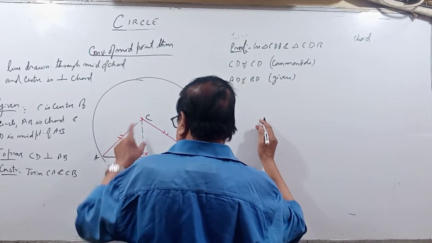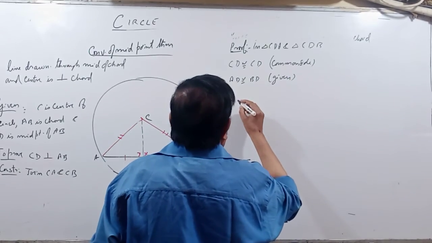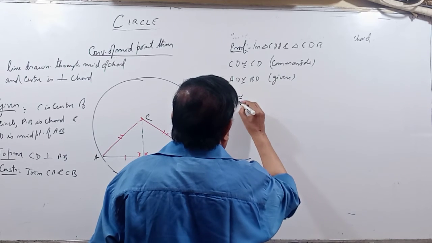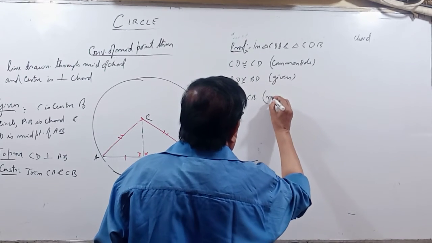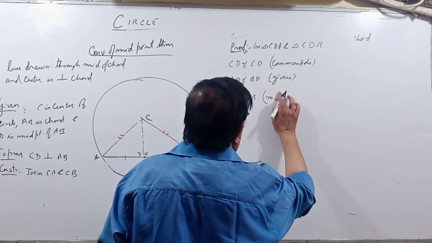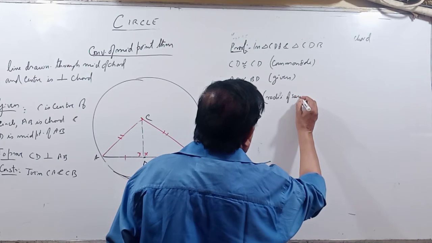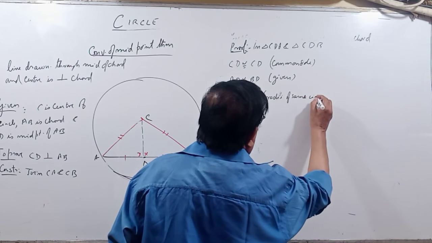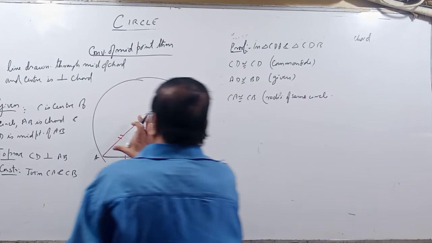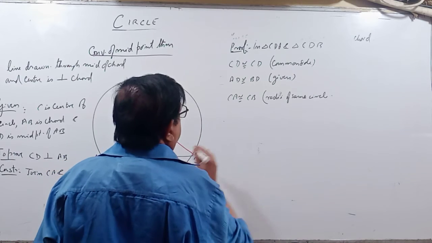This is congruent to this, this is congruent to this. CA is congruent to CB, radii of the same circle. This radius equals this radius, same circle.